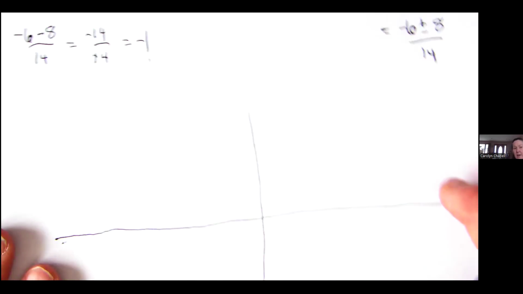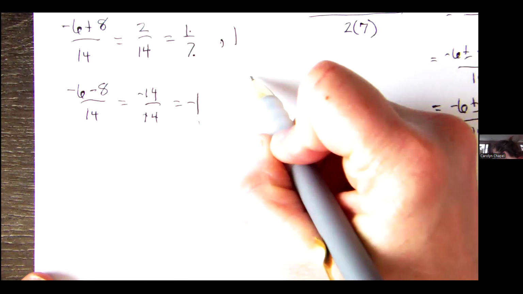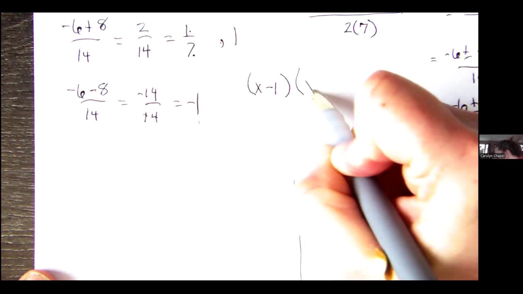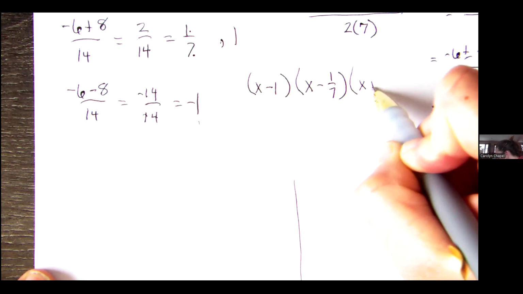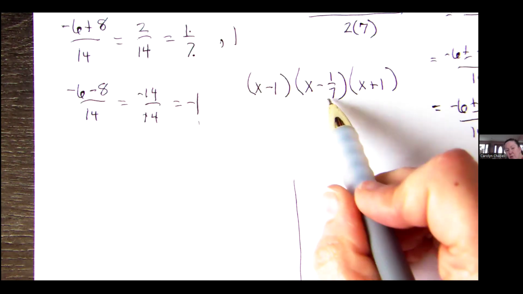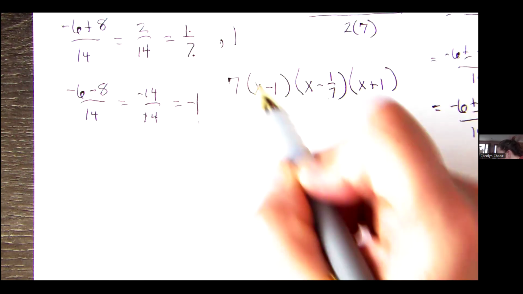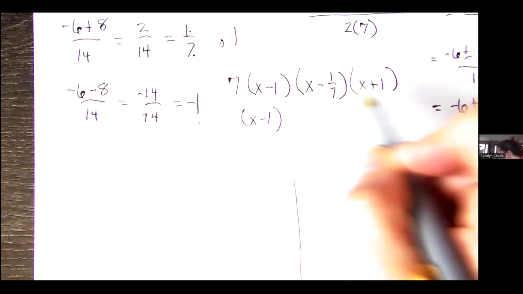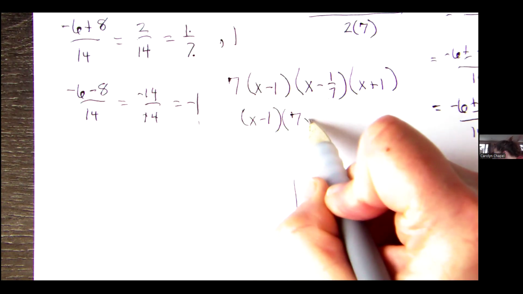What we've also done is factor this cubic. We have factored it into x minus 1, x minus 1/7, and x plus 1. I could have pulled out a 7 and then distributed it in, and this isn't completely clear, so I will show you how we could have done this problem a slightly different way.